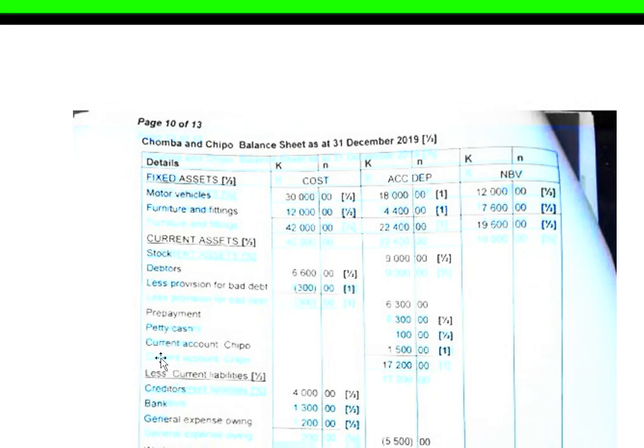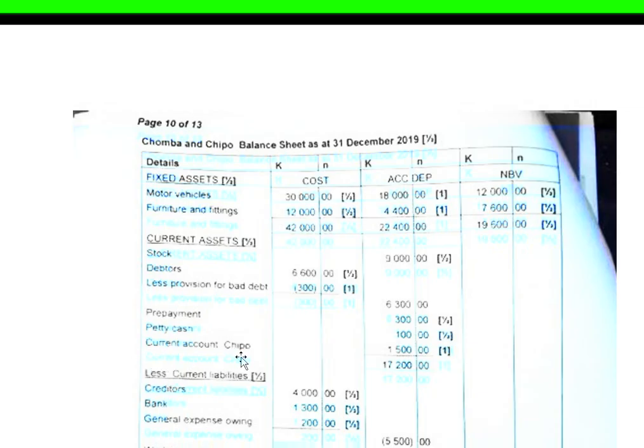and I need to go and see why current account Chipper 1,500 is seen as an asset to this partnership. But I think this is an asset to the partnership, most probably because in this case here, Chipper at the end of the financial year, after all the transactions relating to the partner, most probably owes the partnership money.